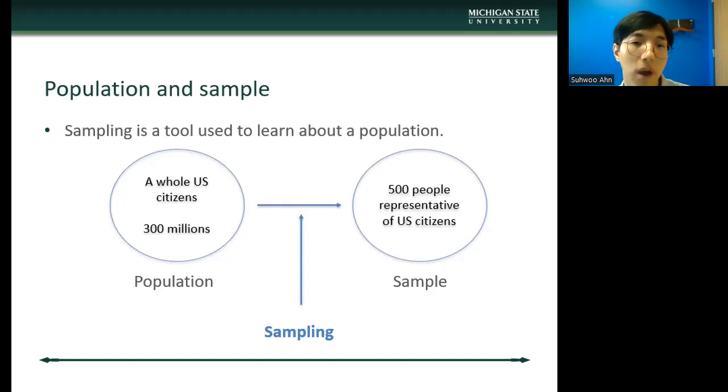Sampling is the tool or method used to learn about a population, a method for how to draw a sample from a population. From this perspective, you can also calculate the margin of error.